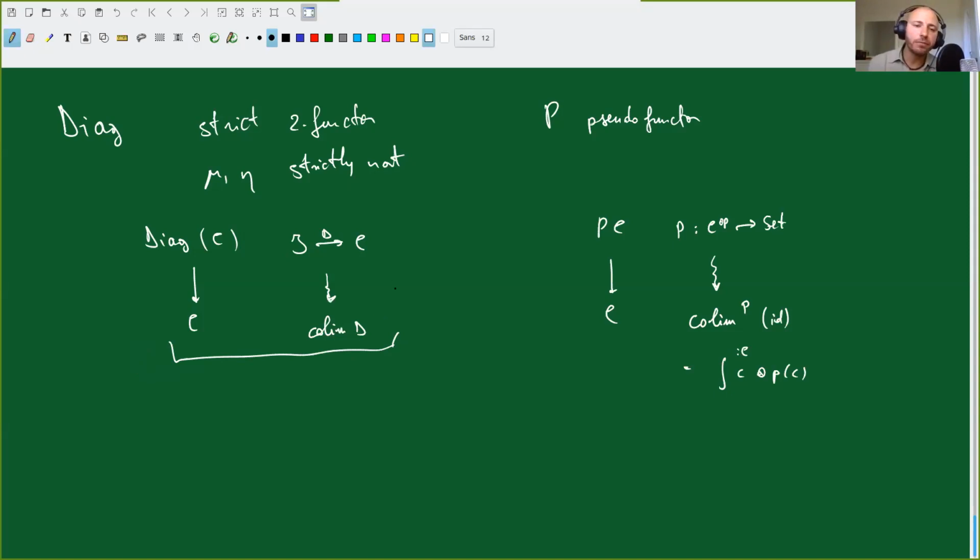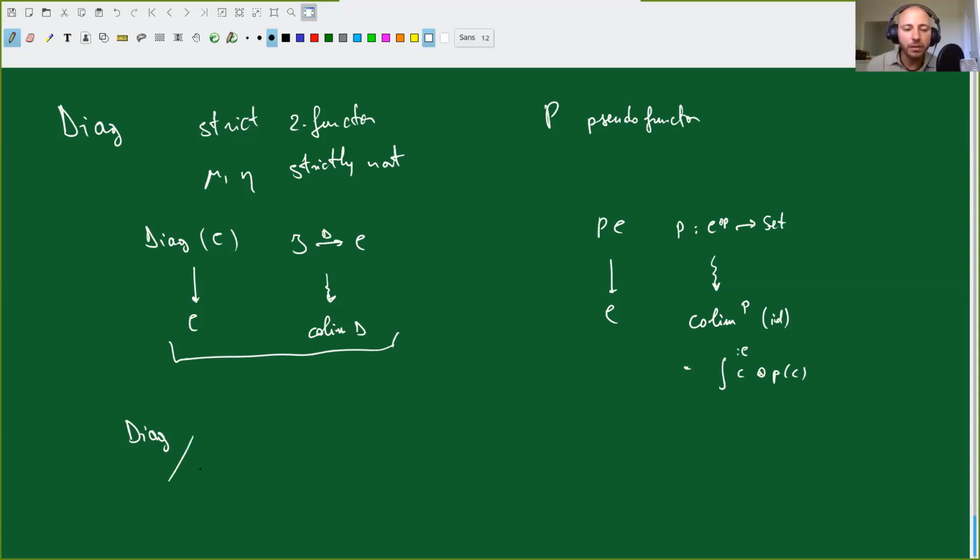Plus, from the universal algebraic perspective, we can think of diag as some kind of resolution or presentation of P, especially since the comparison functor is essentially surjective.